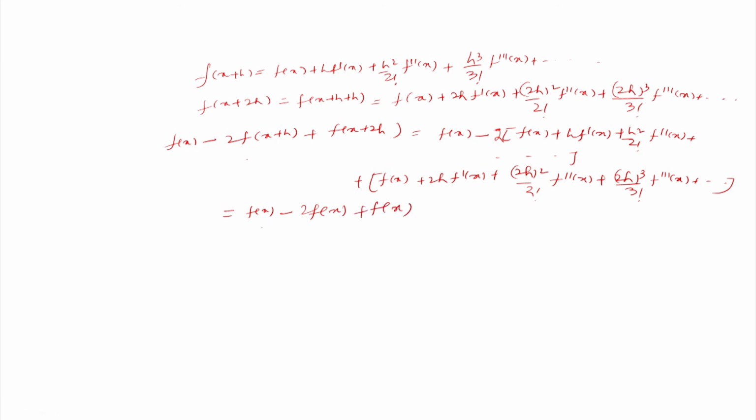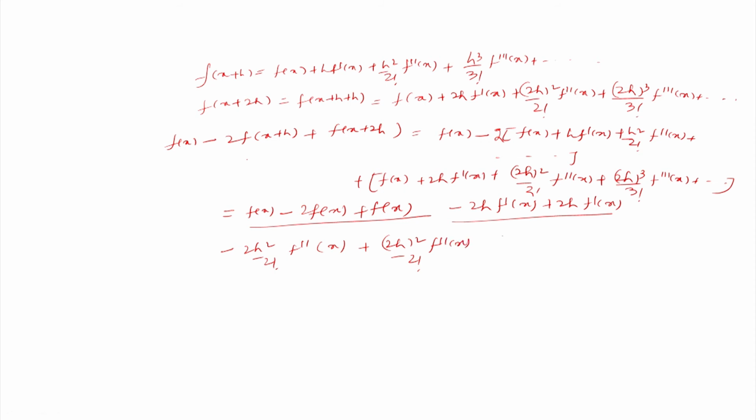So f of x cancels out here, then minus 2h f dash of x plus this other 2h f dash of x, so these two also cancel out. Then you see minus 2h square by 2 factorial f double dash of x plus 2h whole square by factorial 2 f double dash of x.